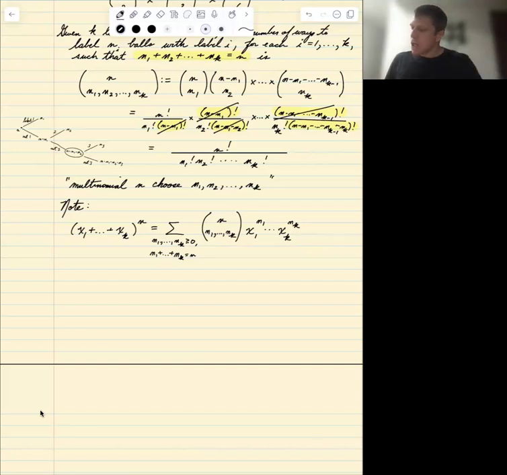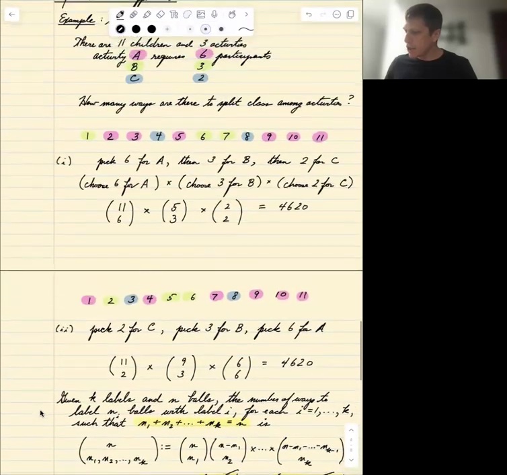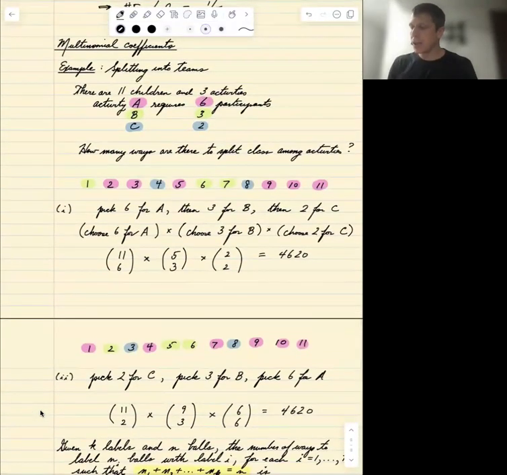Okay, so this is how we count combinations where we're putting individuals, or classifying objects, into some number of groups, an arbitrary number of groups.